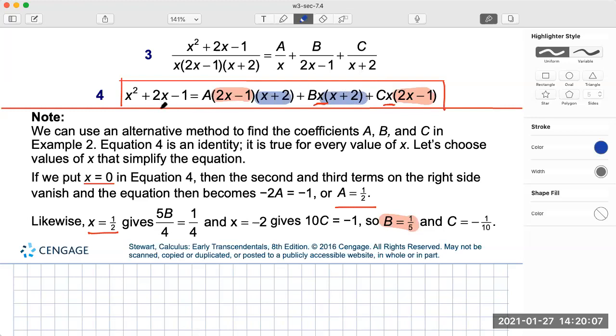And the left-hand side will become a number. The right-hand side will be simply c times this solution. And you can find c easily, okay? It is a lot faster. So tomorrow we will continue doing some more examples. Very good, and see you tomorrow.